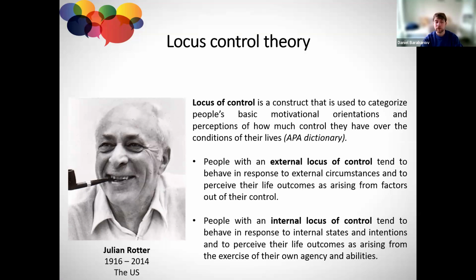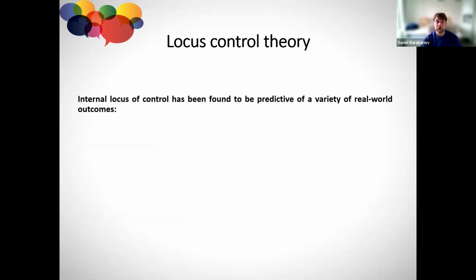This is the basic difference. Julian Rotter created some tests which measure external and internal locus of control. Later research showed that this explanation style, this locus of control, correlates with many other personality characteristics.